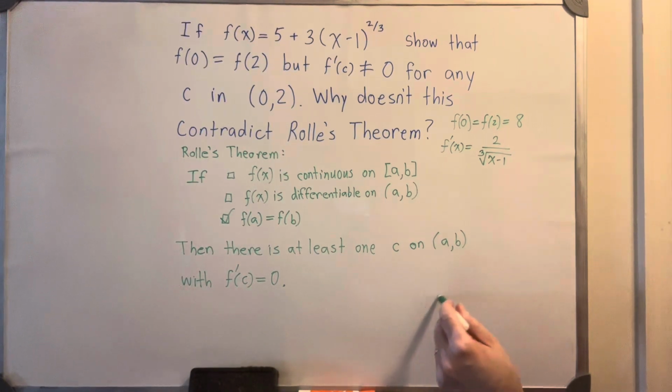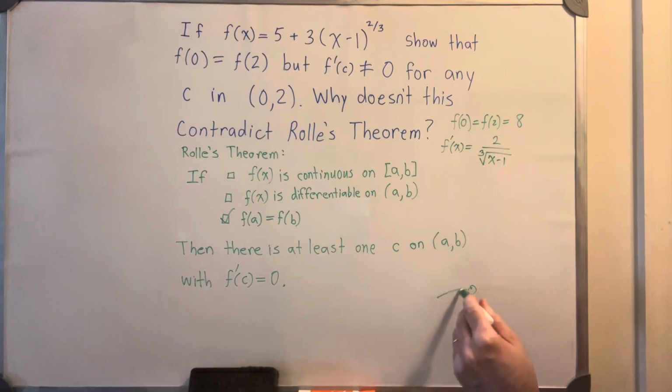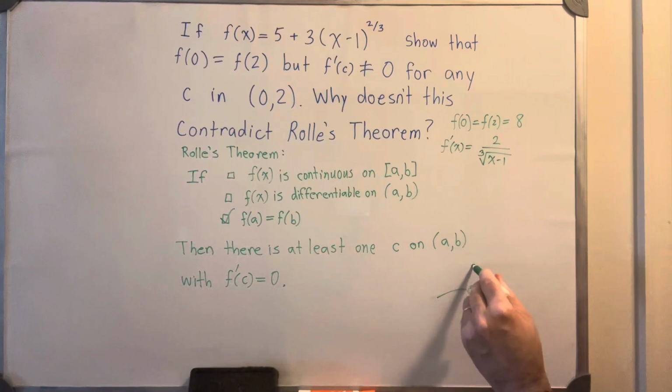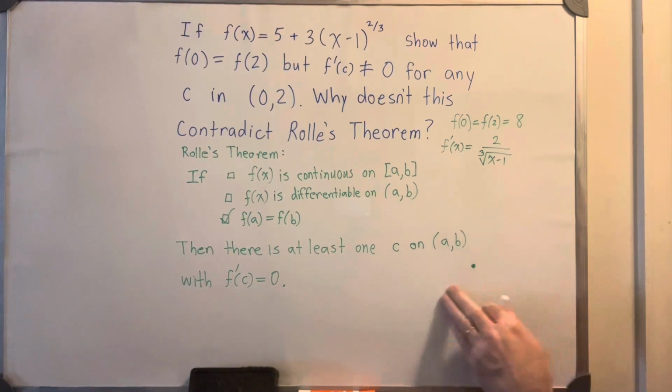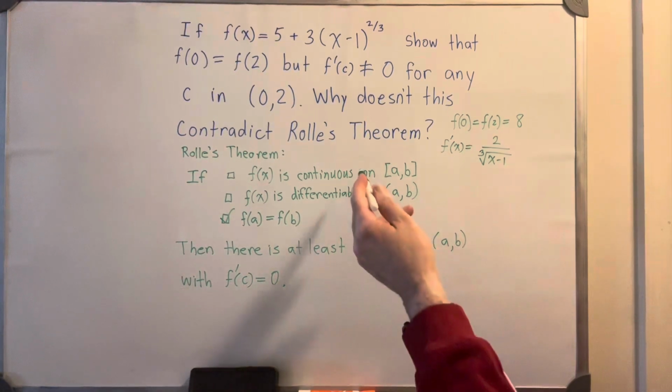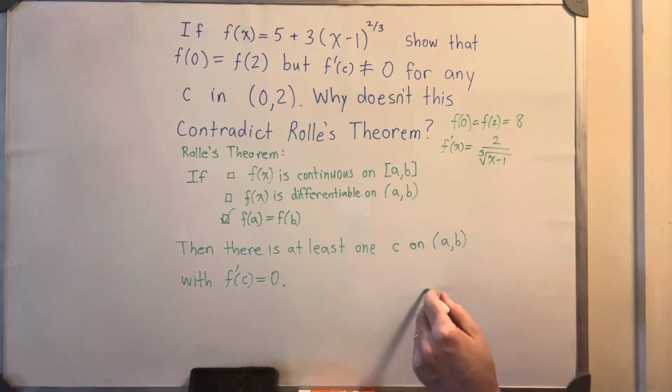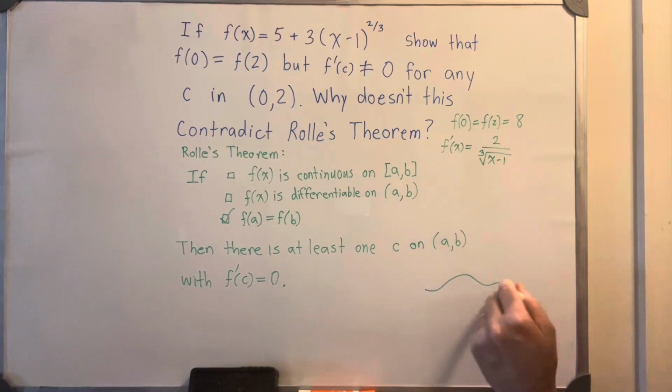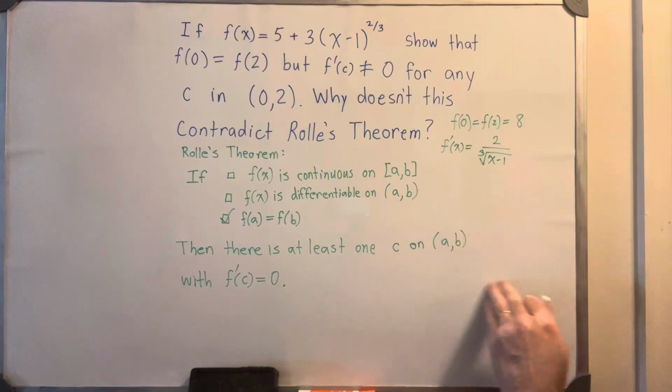So there are no holes such as this. This would be a discontinuous function. Informally, you could say a continuous function is one that you can draw without lifting your pencil or pen.